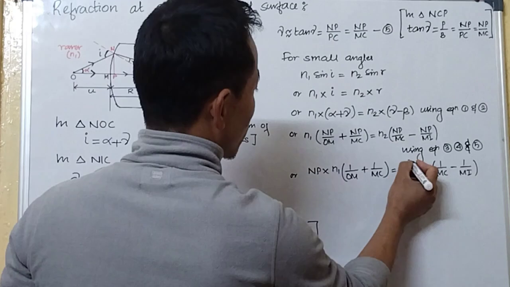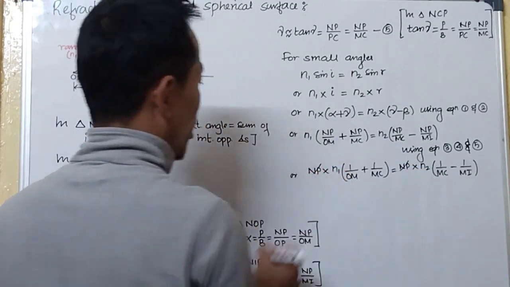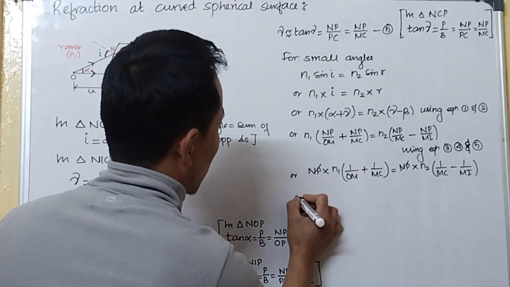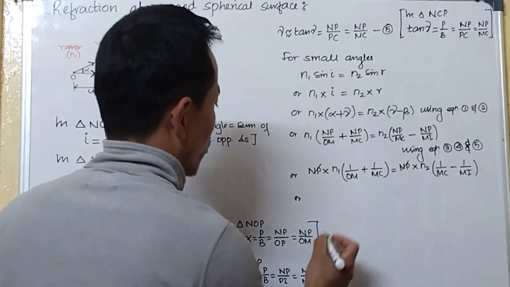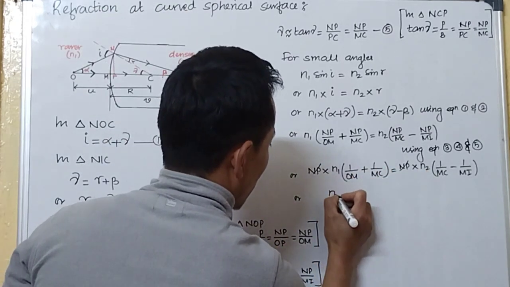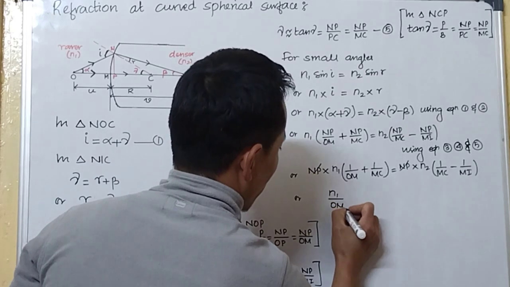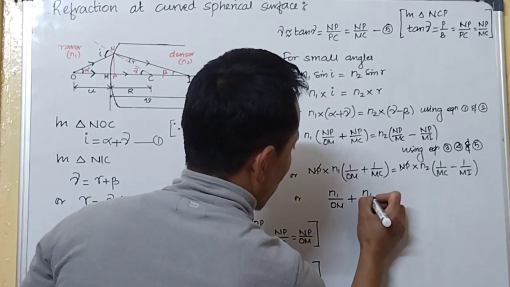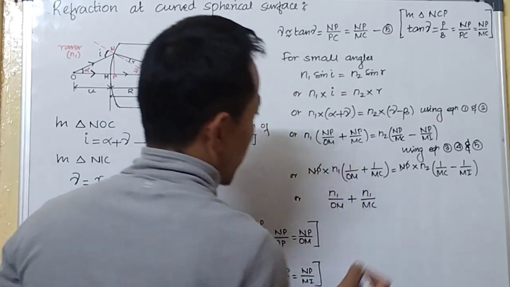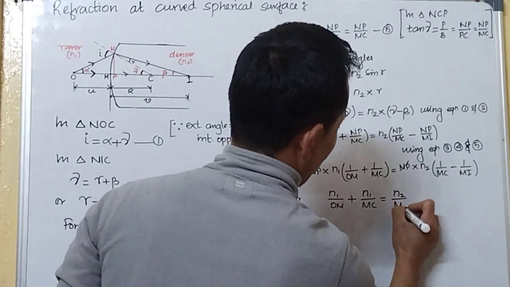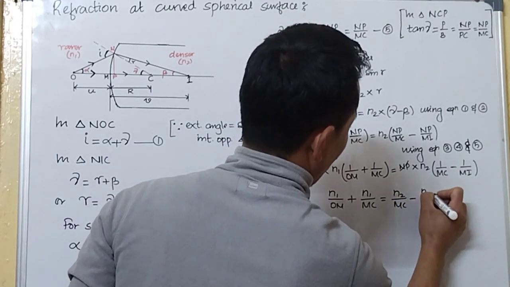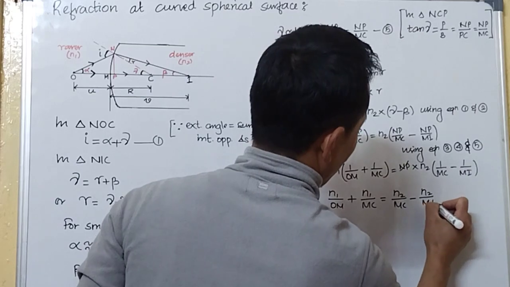Alright, so you can cancel this because we have the product. So NP gets cancelled. Now open the bracket on the left hand side with N1, on the right hand side with N2. So we can write this equation as N1 divided by OM plus N1 divided by MC. On the right hand side we'll get N2 divided by MC minus N2 divided by MI.